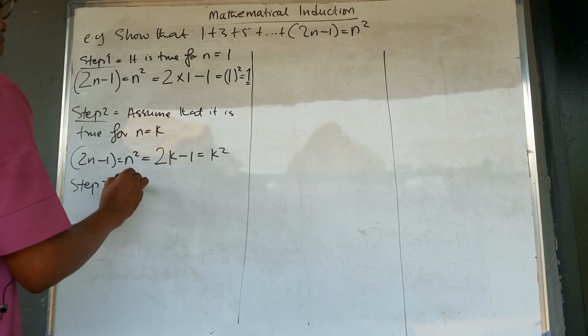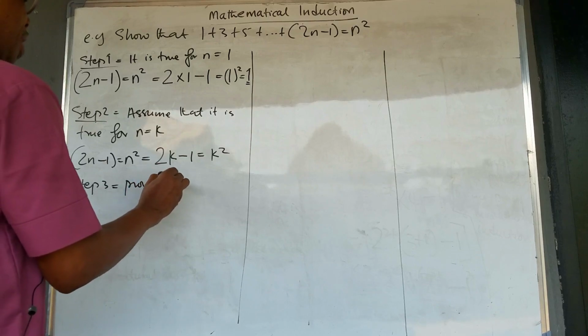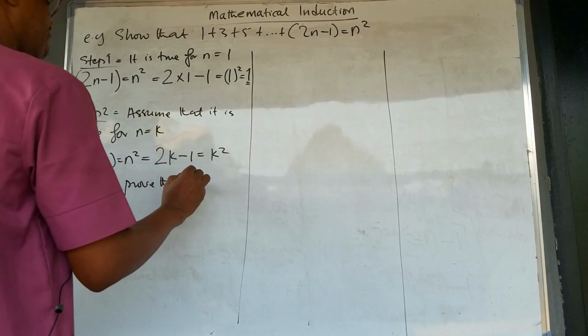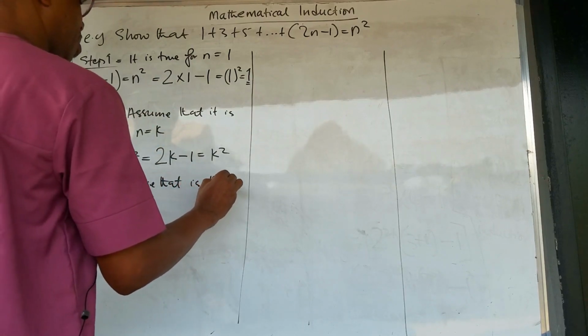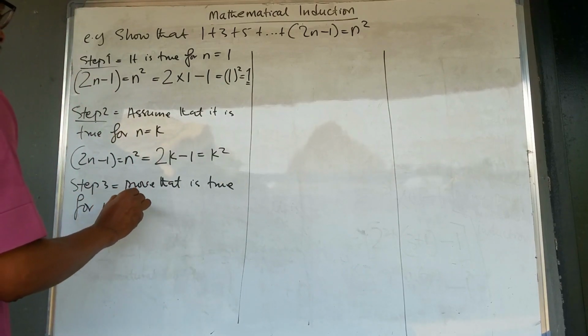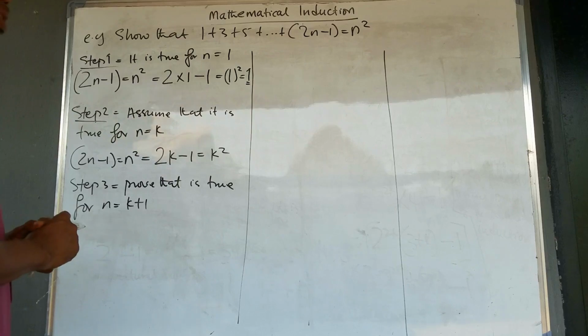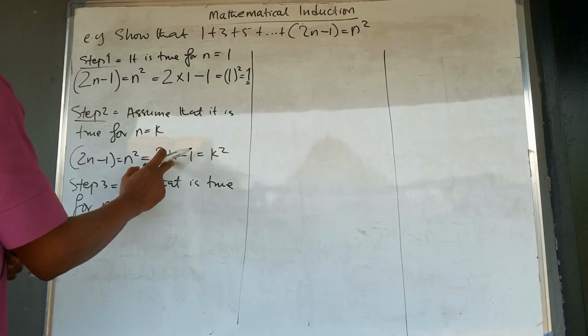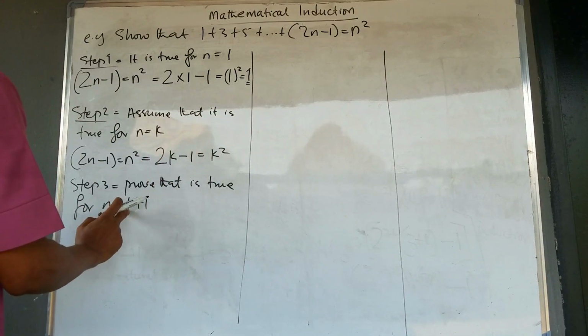Step 3, I want to prove that it is true for n equal to k plus 1. So what will I do now? Anywhere I see k here, I replace it with k plus 1.